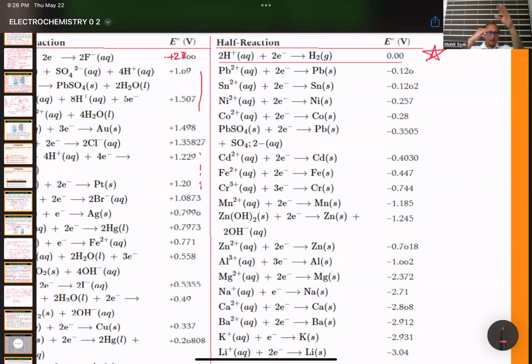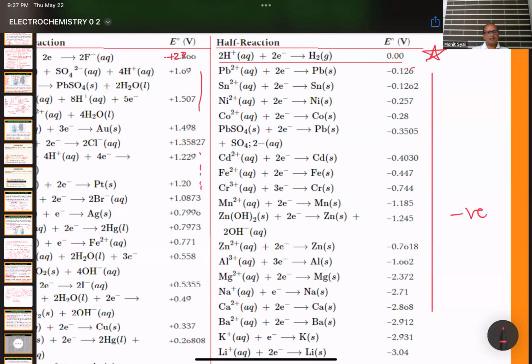There are some elements which have positive SRP values above this value. They have a tendency to accept electrons. And there are other elements which have lesser tendency than hydrogen, so they will have negative values.